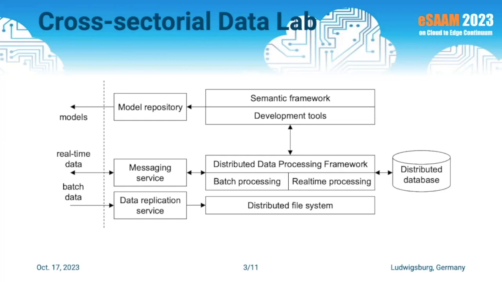Of course, then you need computational resources, so you will have a distributed data processing framework for batch and real-time processing, where you are pre-processing data, building your predictive function, evaluating these predictive functions, and after testing, you will deploy this to a model repository, and from the model repository, you can push this directly to your edge environment and run this in production.